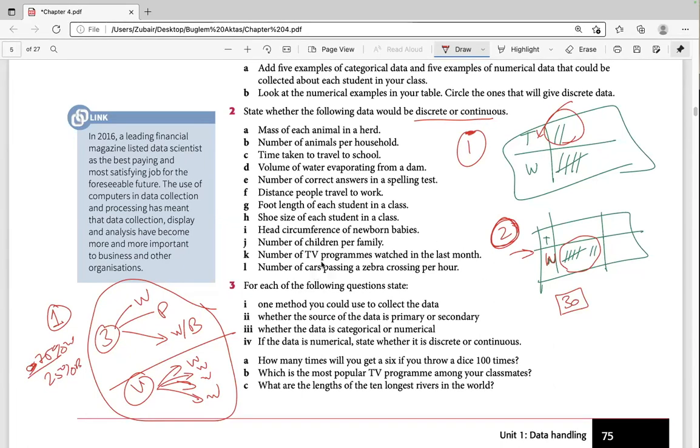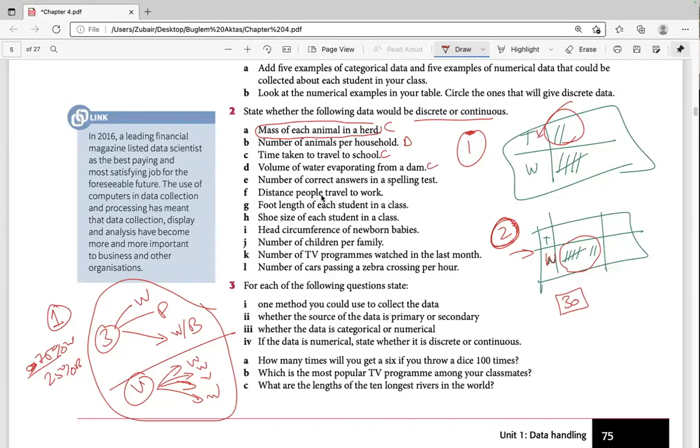So, okay, state whether the following data would be discrete or continuous. Mass of each animal in a herd. Continuous. Very good. Number of animals, discrete. Time taken to travel to school, continuous. Volume of water evaporating from a dam, continuous.